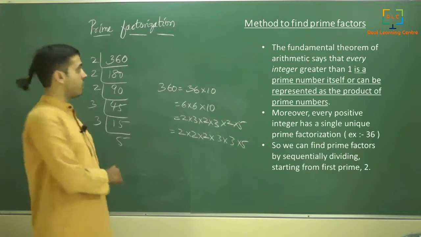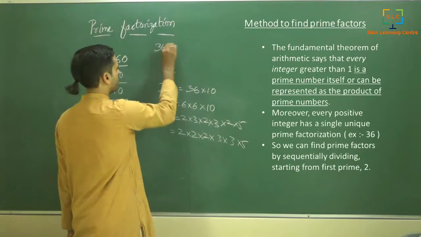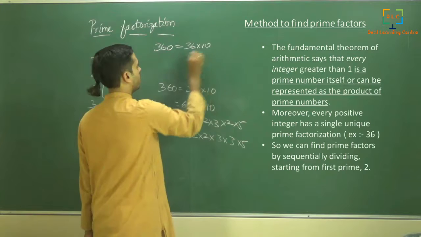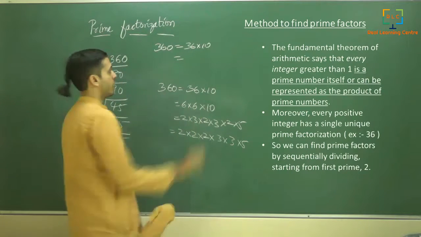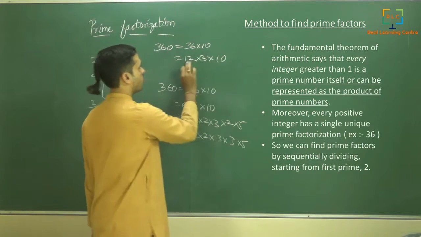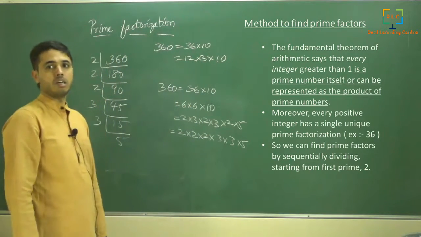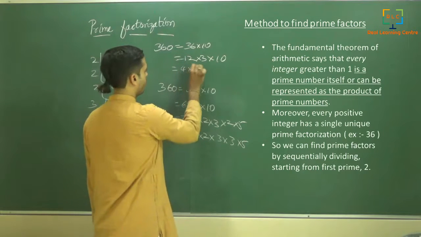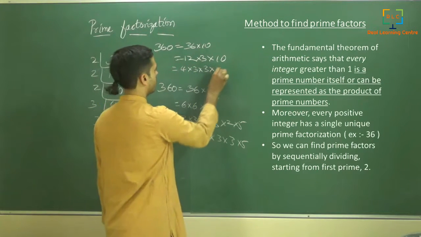Now to show it's unique, now I start doing it like this. For example, 360 is equal to 36 into 10, but now instead of 6 into 6, I'll do it as 12 into 3 into 10, because I know 12 3s are 36. Now what happens next? Now 12, we know it is 4 into 3, so 4 into 3 into 3 into 10.